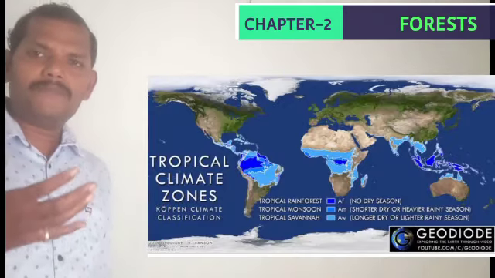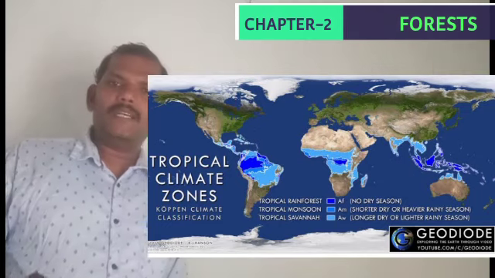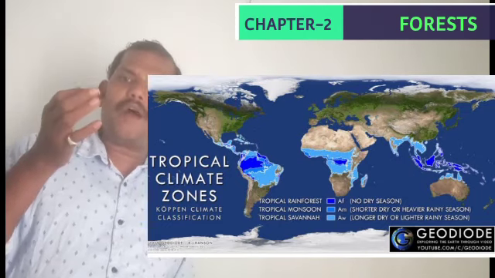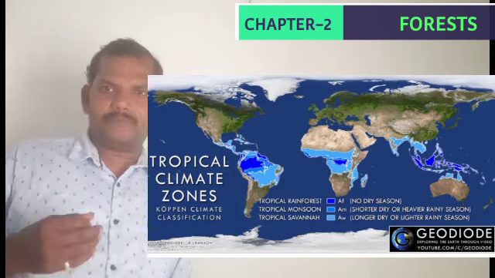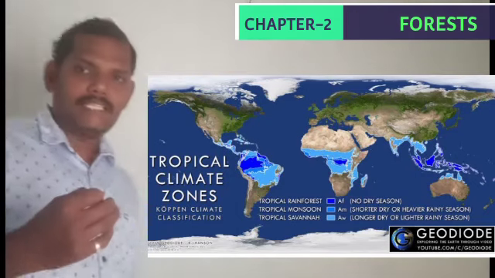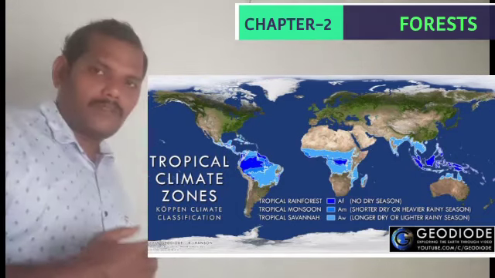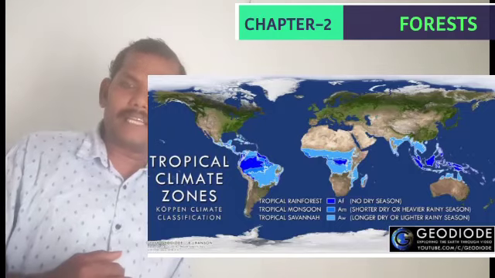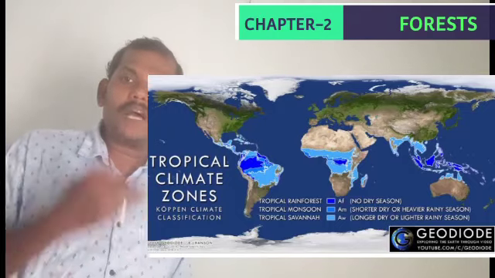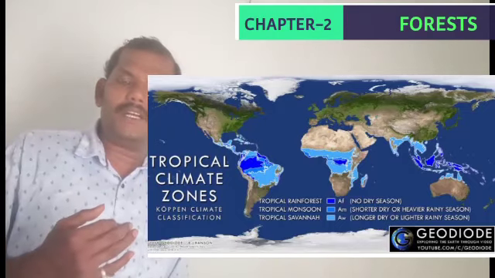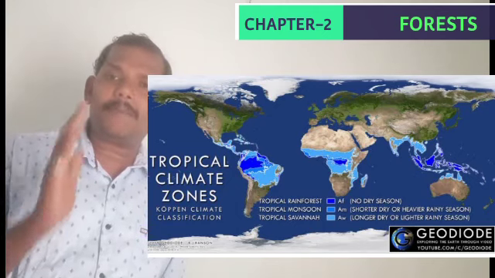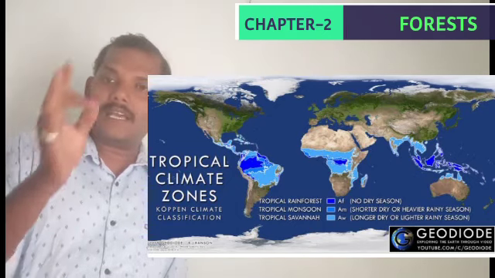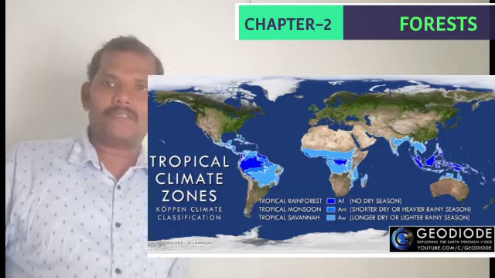First one is the tropical or equatorial region. Just see on this world map, from 5 degrees to 10 degrees, the north and the south region in the world is called the tropical or the equatorial region.